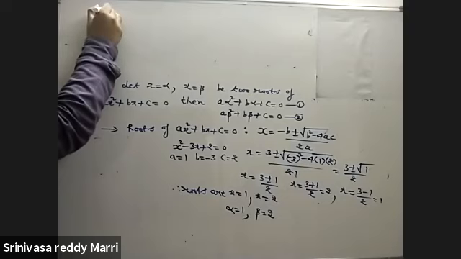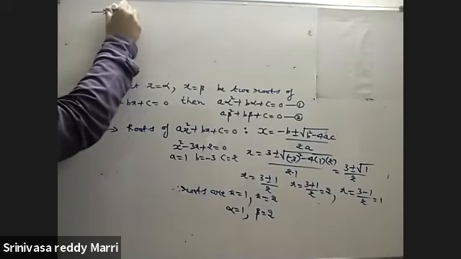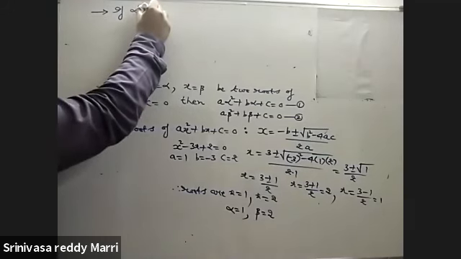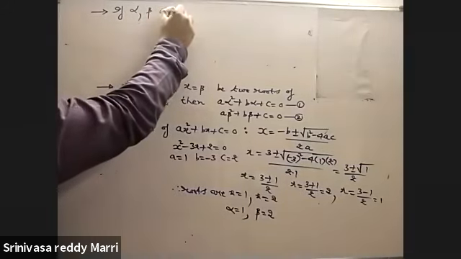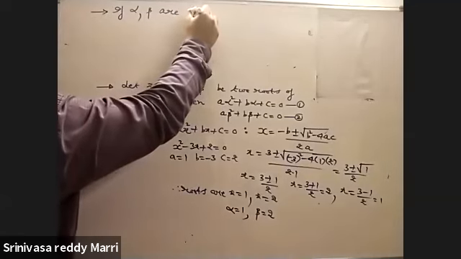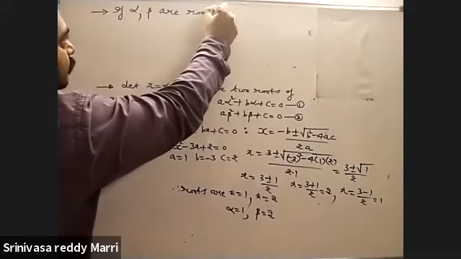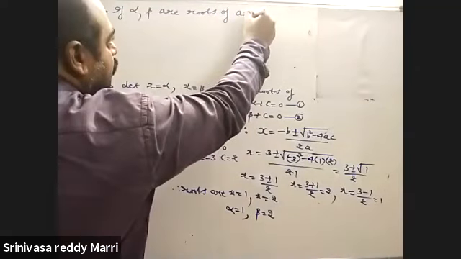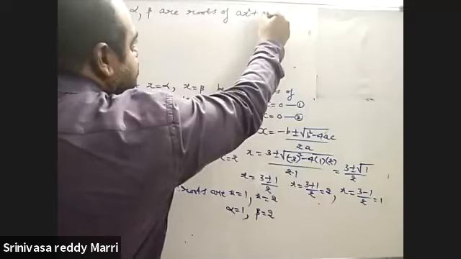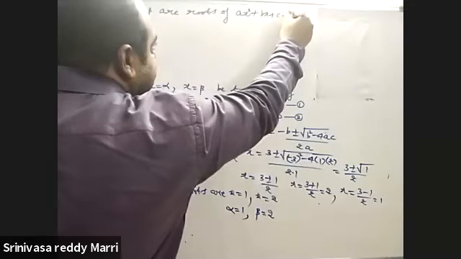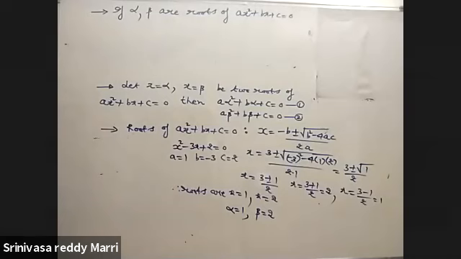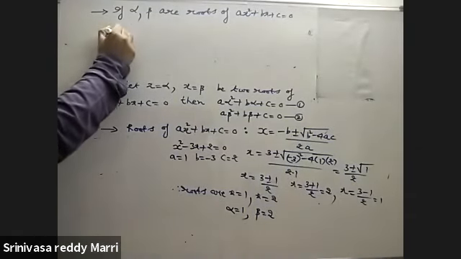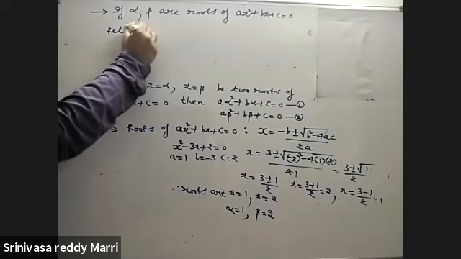Now look at this. If alpha comma beta are roots of ax square plus bx plus c equal to 0, look at the relation between the roots.